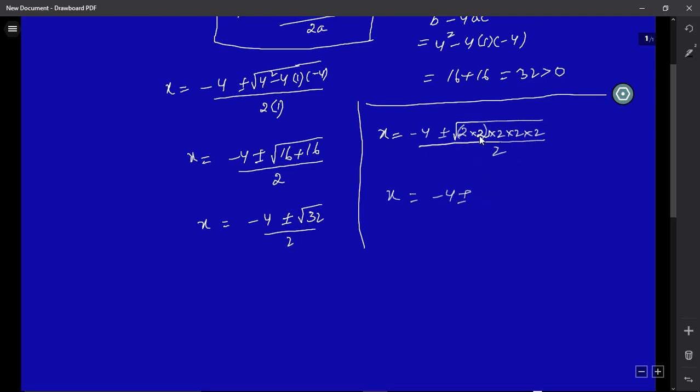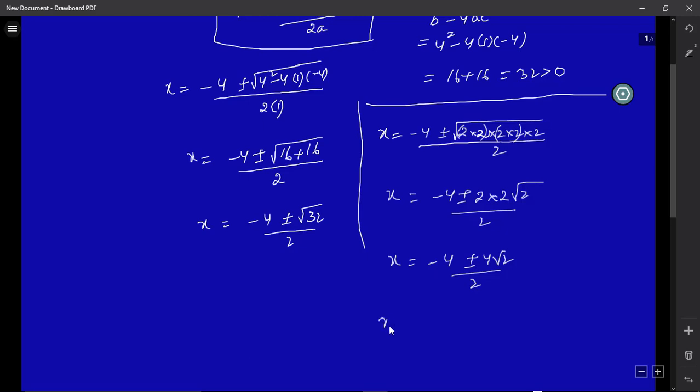These two same terms I can take as 1 outside the square root, and inside the square root I end up getting only 2. x is equal to minus 4 plus or minus 2 2s are 4, 4 square root of 2, by 2.